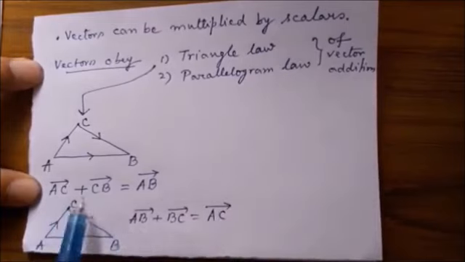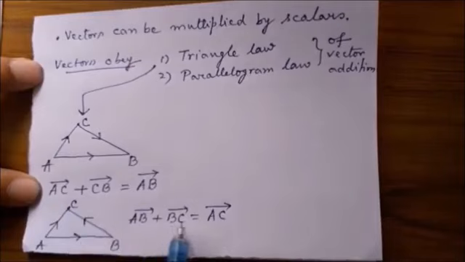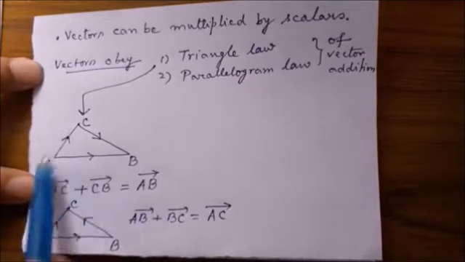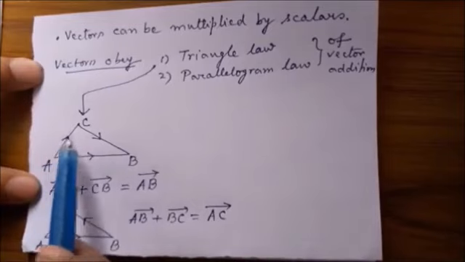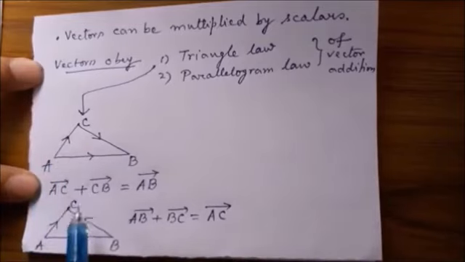And the two are identical, because if you shift BC to that side, it will become CB, and we end up with AC plus CB is equal to AB, which is in fact this law. So you need not memorize how we are taking the vectors. You can take it in any arbitrary fashion and then write down the triangle law of vector addition looking at the triangle, in which you have put the vectors in whichever way you like.